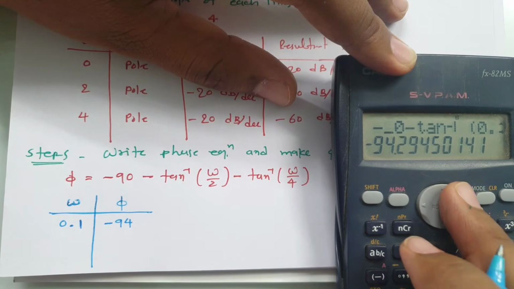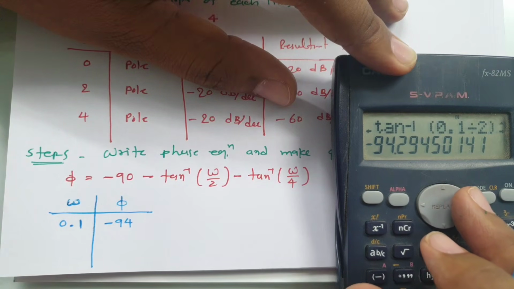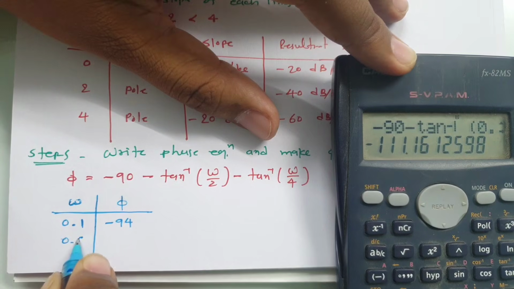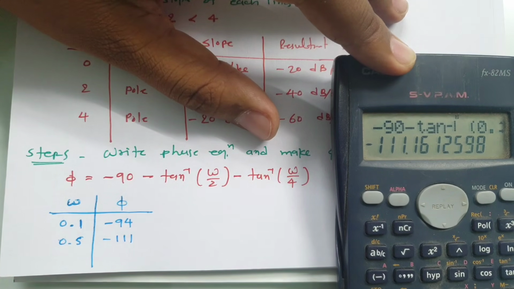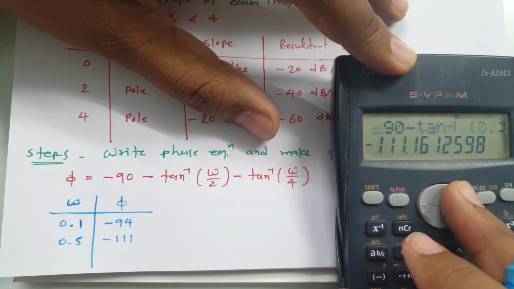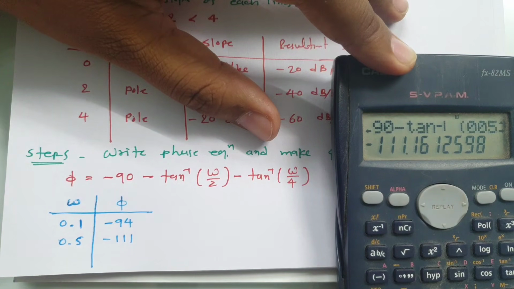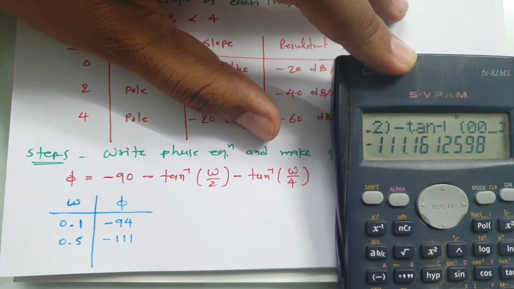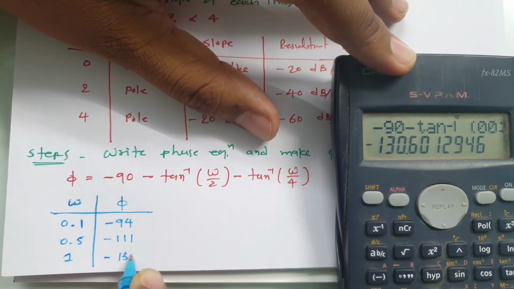Now in this same equation I am placing omega equals 0.5 and the angle is minus 111. Next I am placing omega equals 1, and the phase is minus 130.